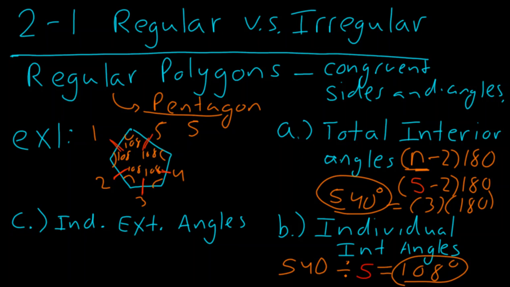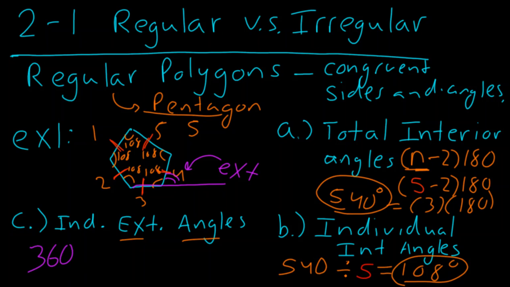Now, this brings us to our last thing, an exterior angle. So let me use a different color. What is an exterior angle? Well, that's where we take our line and extend it here, and we get this angle on the exterior. So let's go ahead and label that. Here's the cool thing about exterior angles: they are always going to add up to a total of 360.